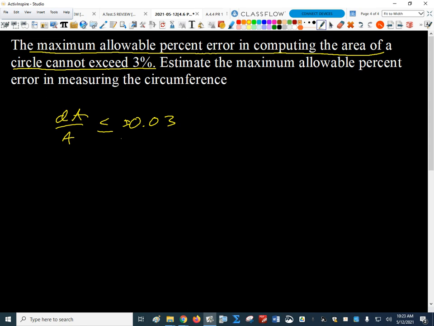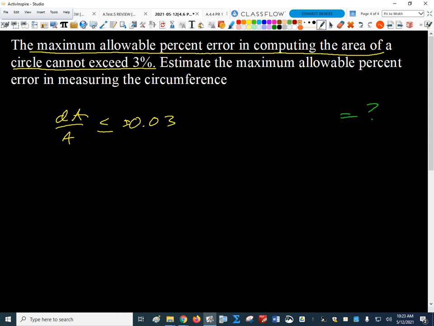Okay, good. But now we've got to somehow come up with the maximum allowable percent error in measuring the circumference. So what's that going to look like? Right, but what am I trying to find here?